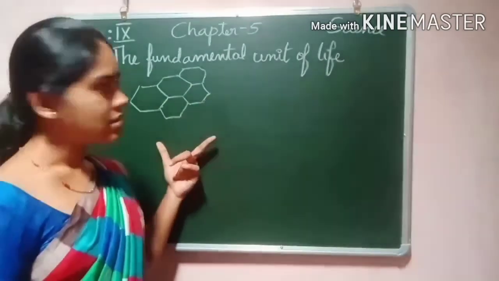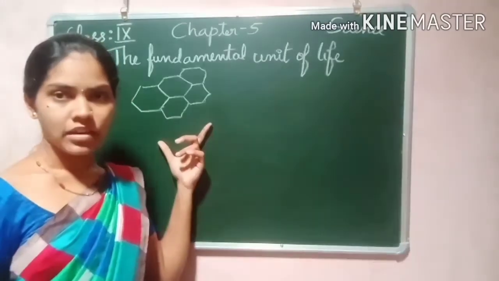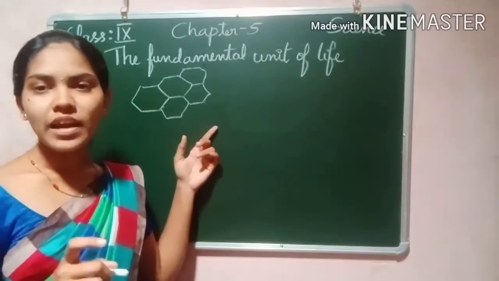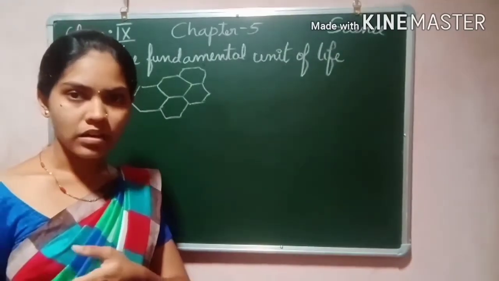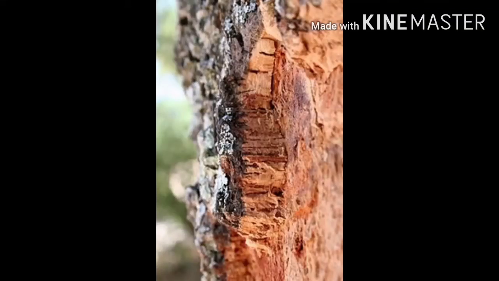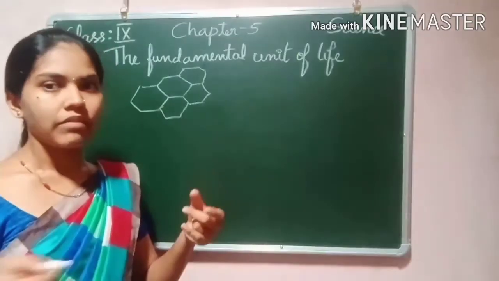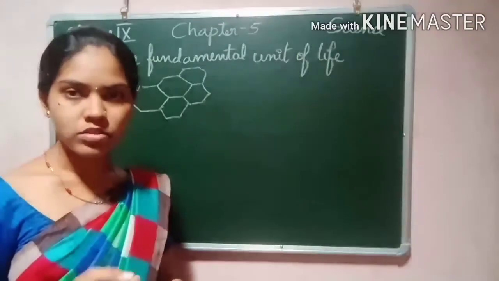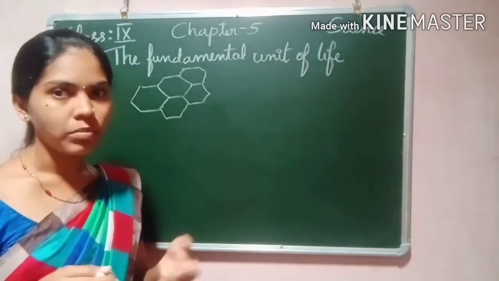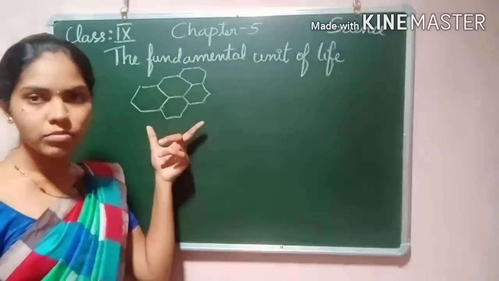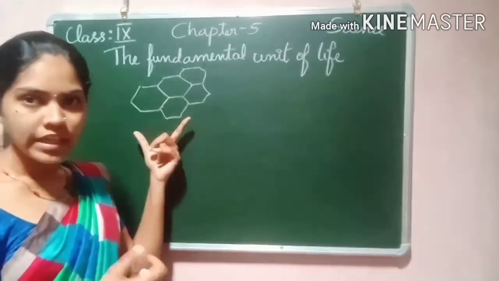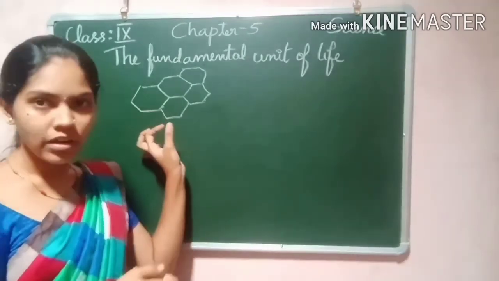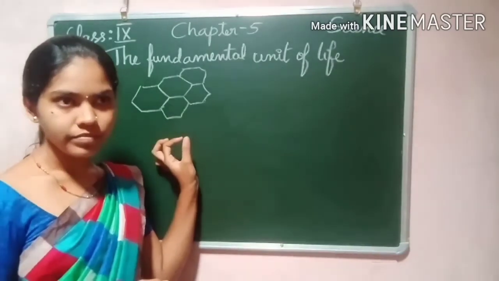So he named it cell. So what is that cork? Cork is obtained from the bark of the tree. When he used the self-prepared microscope, he observed the honeycomb-like structures, and he saw many small compartments in that.